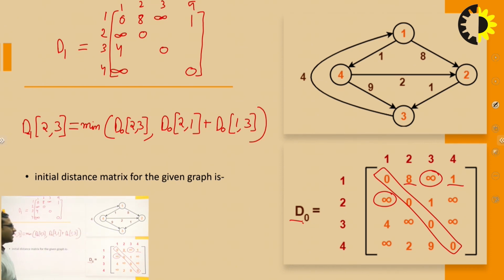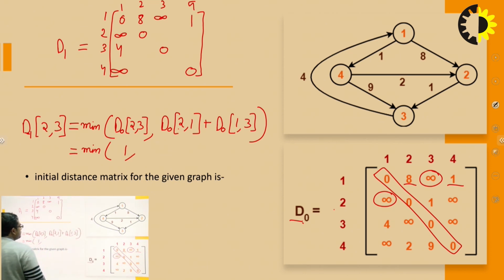Understand my point? So what we are doing here, if you want to go 2 to 3, just take a step 2 to 1, then 1 to 3. So 2 to 3 cost you can conclude here is equal to minimum of D0 2,3. D0 2,3 is 1, right?